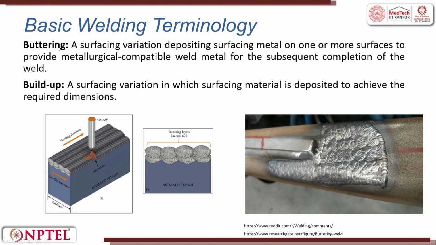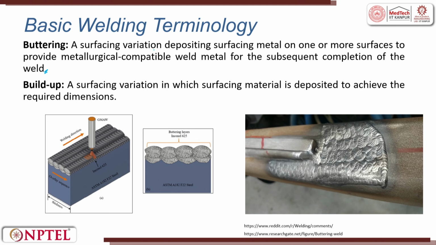The other phenomenon is buttering, a surfacing variation, depositing surfacing metal on one or more surfaces to provide metallurgical compatible weld metal for the subsequent completion of the weld. Basically, buttering means you try to coat a surface.